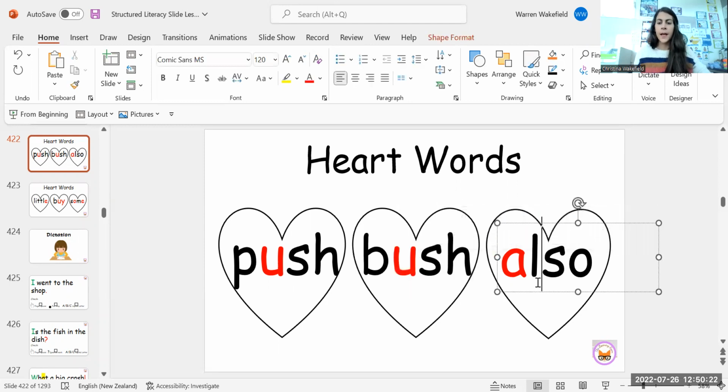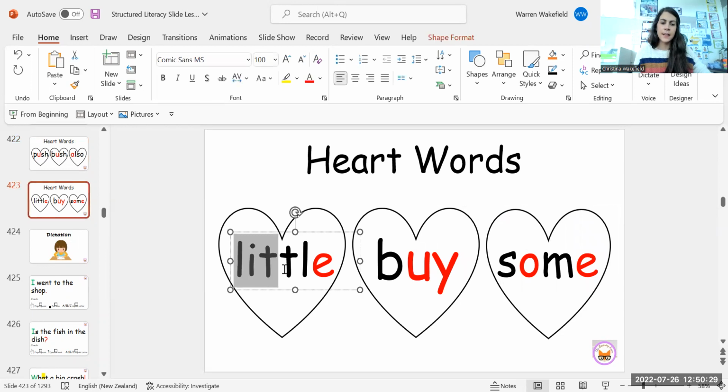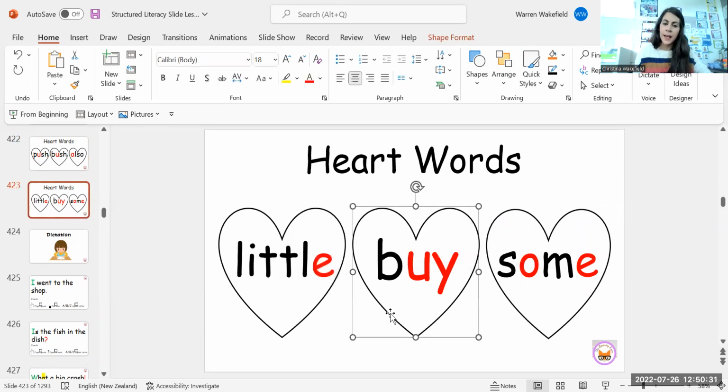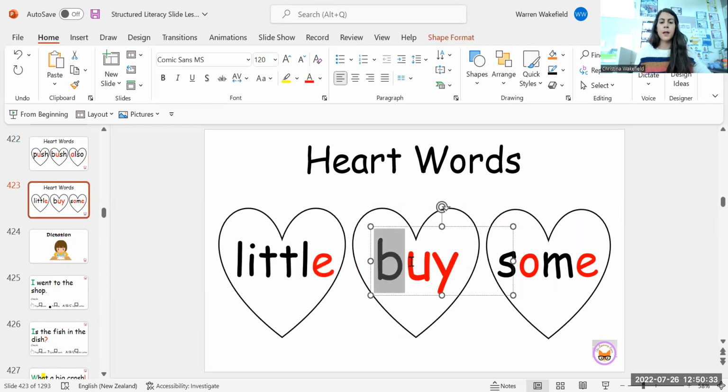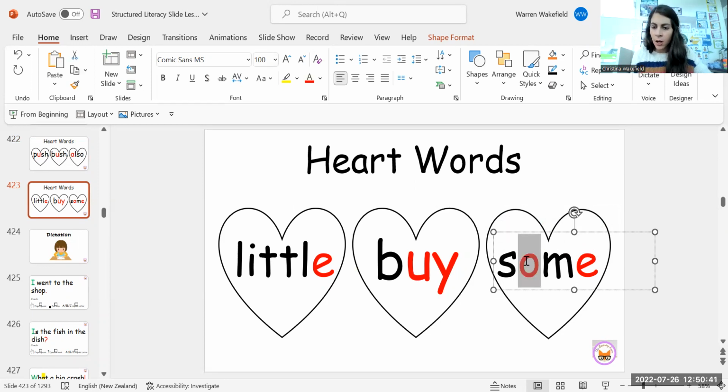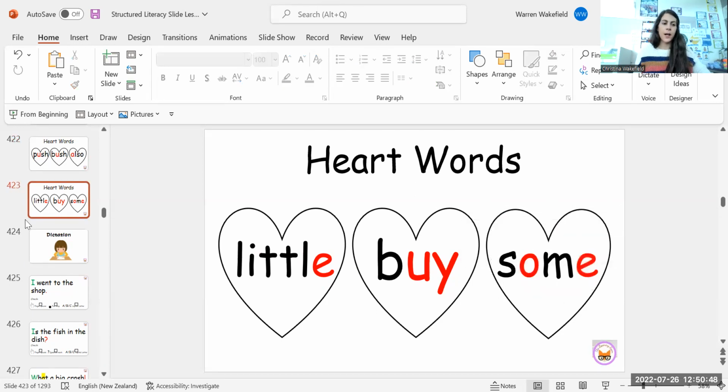And this one says also. Let's read the next one. This one says little. So we don't hear the E at the end. This one says I. That's saying I and by. And this word is saying some. Now, can you see the o is saying u in some with the silent E at the end? Okay, so you can practice reading those words.